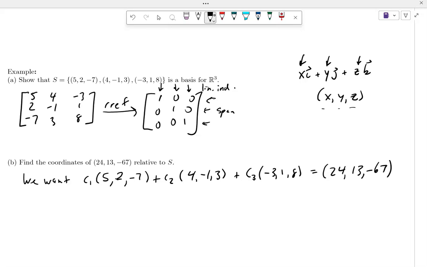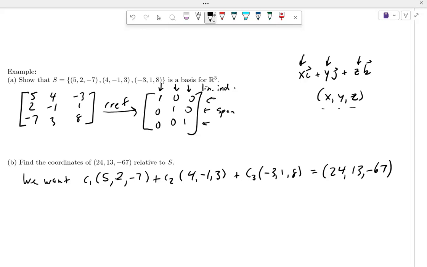Okay. What we're looking for when it says find the coordinates relative to a basis, the coordinates are these constants. Okay? That's what it's asking you for. We know that there's a unique solution to this because it is a basis, right? We don't get multiple solutions, we get exactly one, right?